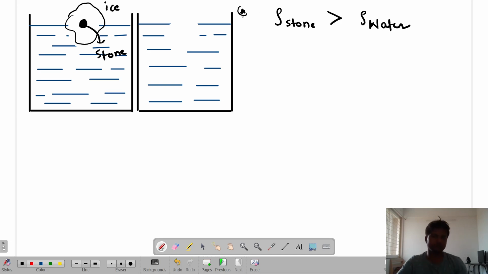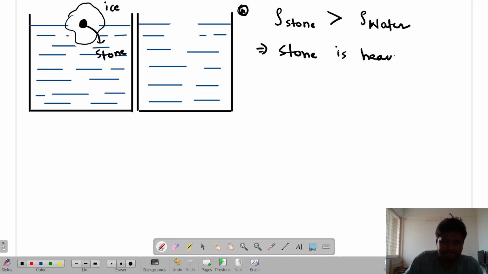First conclusion is already given to us. Let's have one conclusion: the stone is heavier than water.